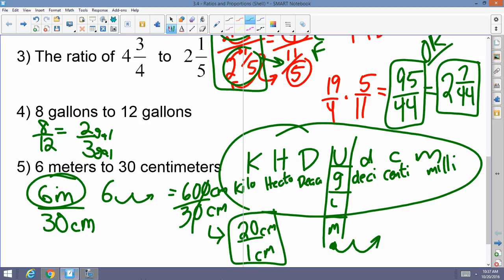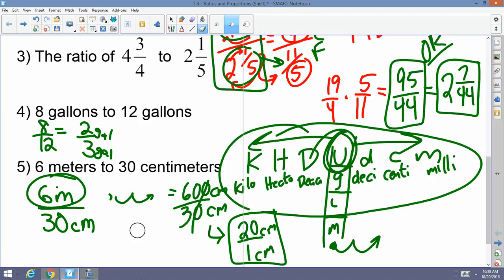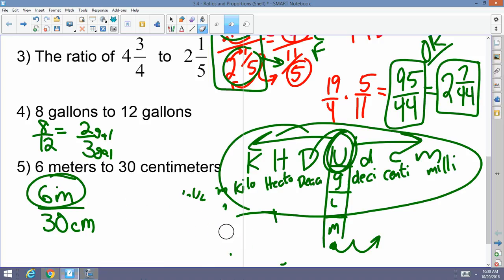So, guys, when you're going from the unit to a smaller unit in the metric system, you're multiplying by powers of 10. When you're going from the unit to larger units of the metric system, you're dividing by powers of 10. So unit analysis wise, it would be like this. I'm going from meters to centimeters, on this top one.